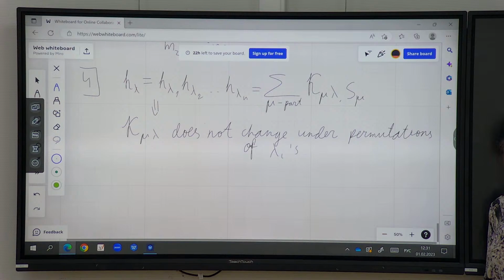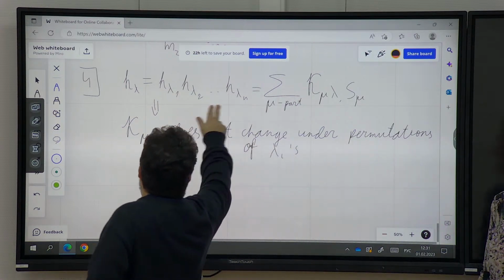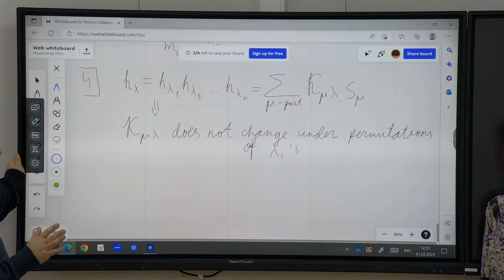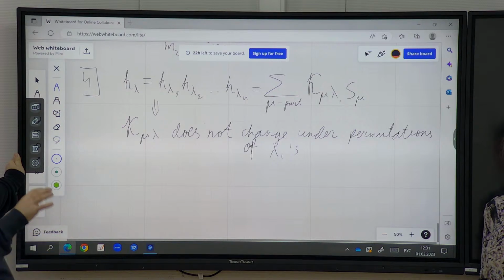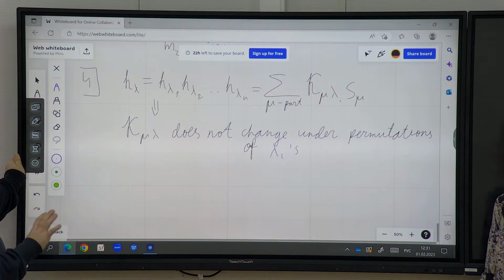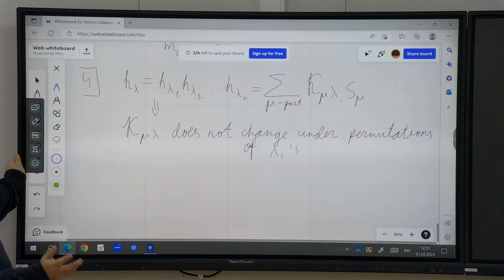Well, this is some magic. I don't know, I've got no explanation, right? I understand that these h's commute and so it does not depend upon the order, but intuitively it's absolutely unclear why if you take, I don't know, 5 1s, 3 2s, and 7 3s, this will be the same number of tableaux as in permuted order.